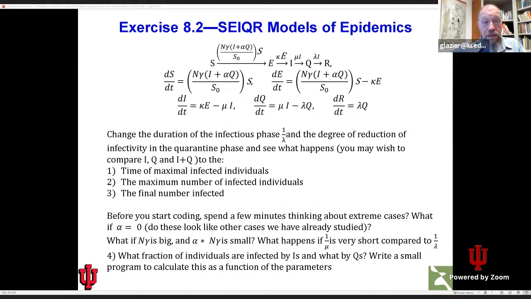In the case of a disease like COVID, we know from the experience of countries like China and New Zealand and Australia, that strict quarantines where alpha really gets to be near zero are very effective. We also know that they're very hard to implement, and they're economically damaging and socially difficult.